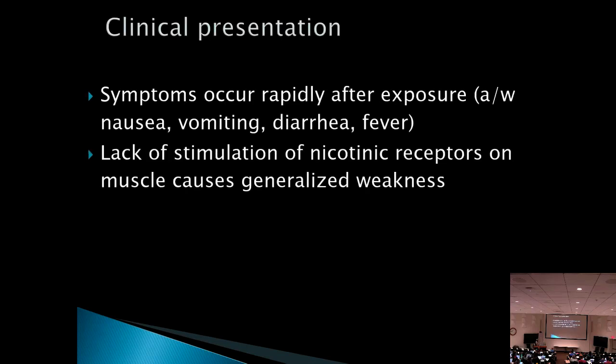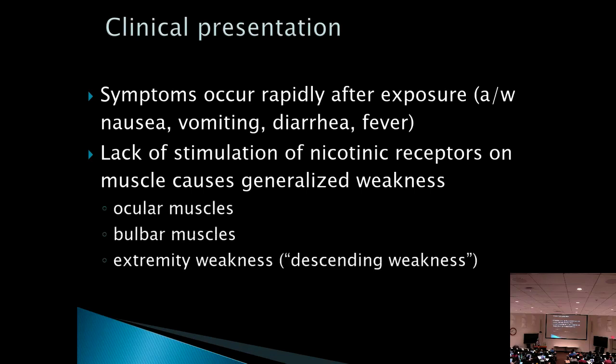After exposure, if it's something that's ingested, there's often a lot of nausea, vomiting, diarrhea. Patients just feel like they're getting the flu. But then they start to get weak. And botulism, classically, is a descending paralysis. It starts with the eyes and then works its way down to the legs.